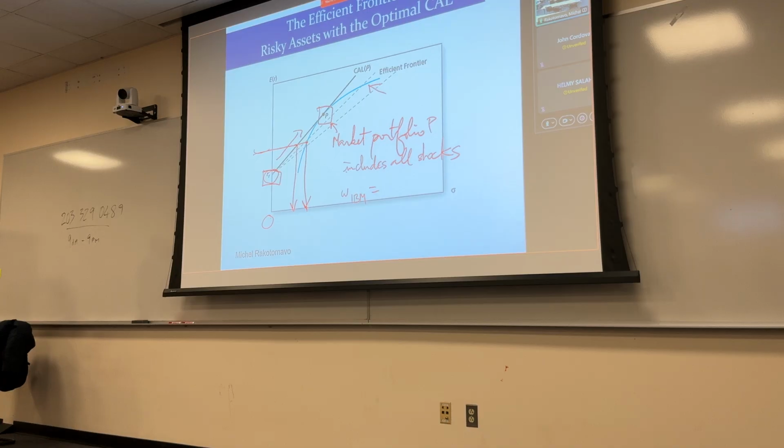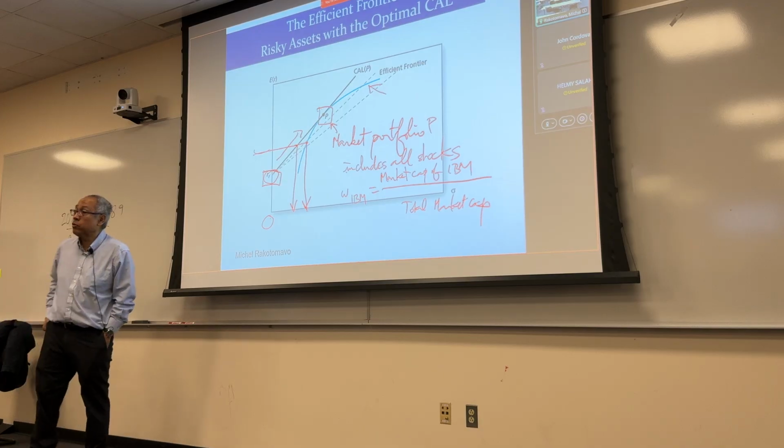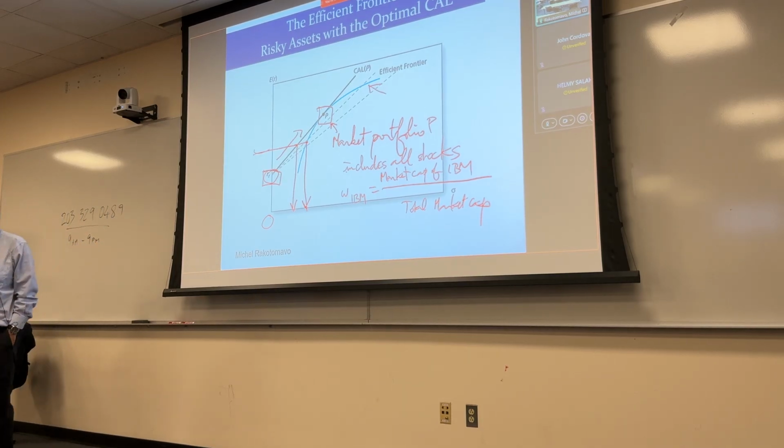The weight in the market portfolio for IBM is simply the market capitalization, in other words, the total market value of all outstanding shares of IBM, divided by the total market cap of all stocks. So that's what this market portfolio is.